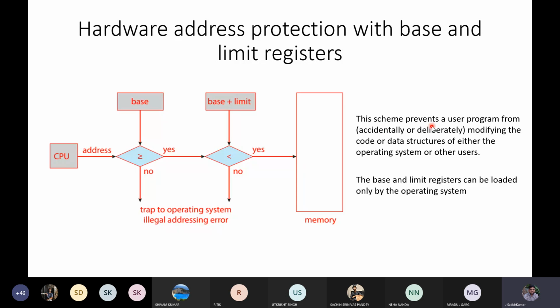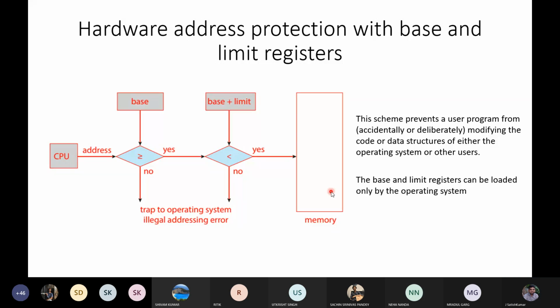So this scheme prevents the user program from accidentally or deliberately modifying the code or data structure of either the operating system or other users. In turn, it will not disturb the other processes. Okay. So the base and the limit registers can be loaded only by the operating system. Is this clear?